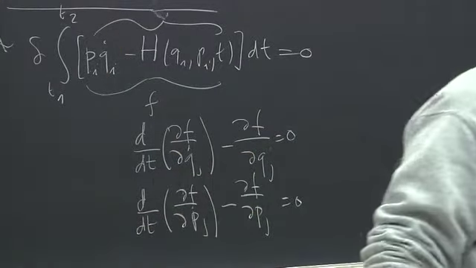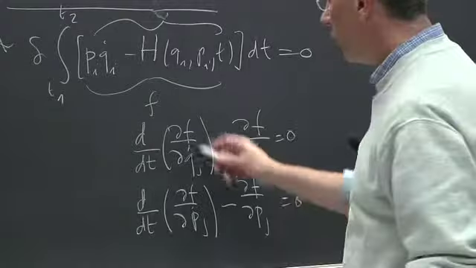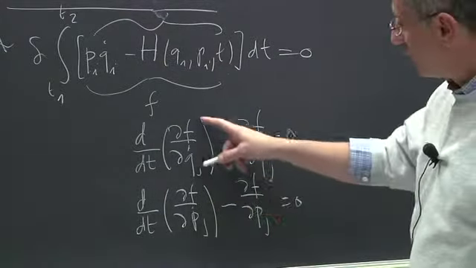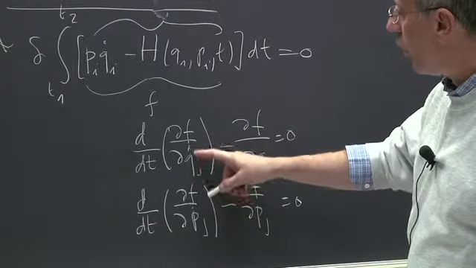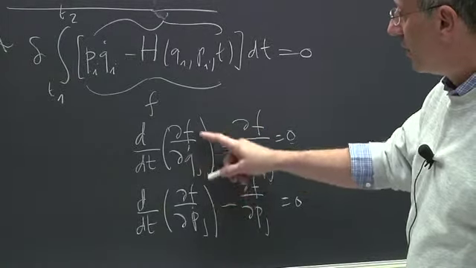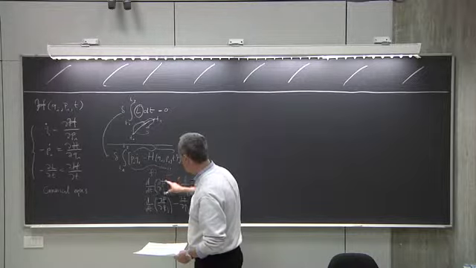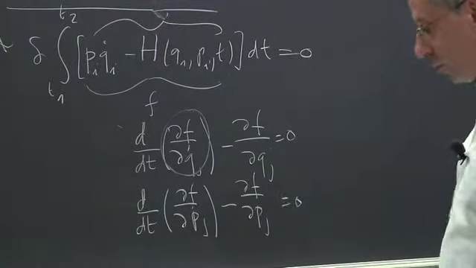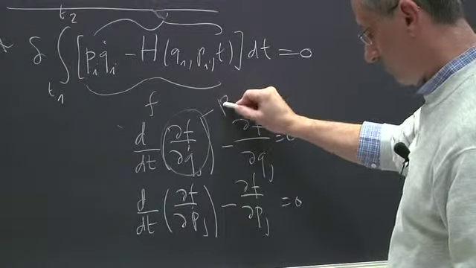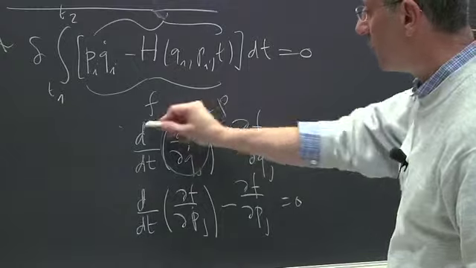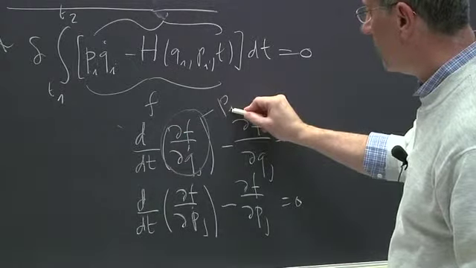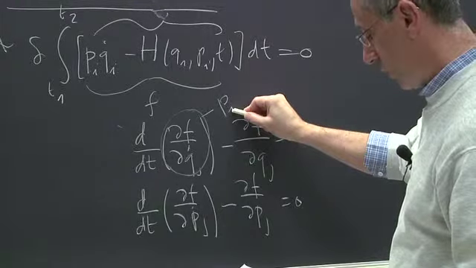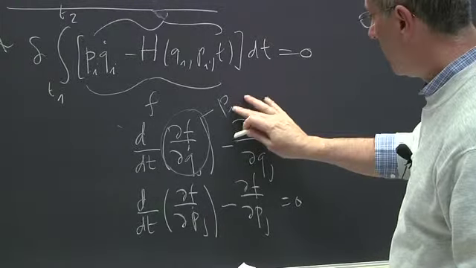Okay, but you see that if you look at this, F is this quantity. What is this dF dQ dot? The Q dot. You see that is just the P_j.